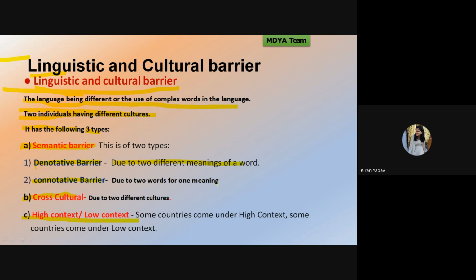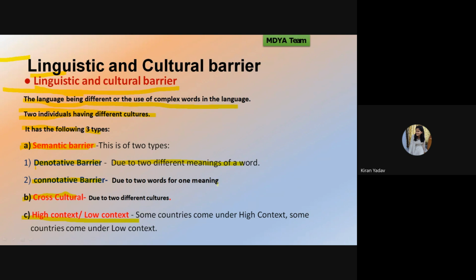For example, there are dog and puppy. These are two different words. Both are animals, but if we hear the word dog, we might feel either neutral or negative emotions, or we infer someone mature and aggressive.